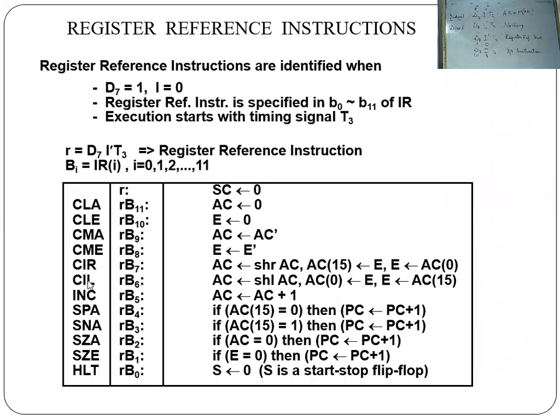CIL means left circular shift, right? Then you have INC, increment. Then you have SPA and SNA, SZA, SZE. You just need to remember these names under register reference instructions, right?